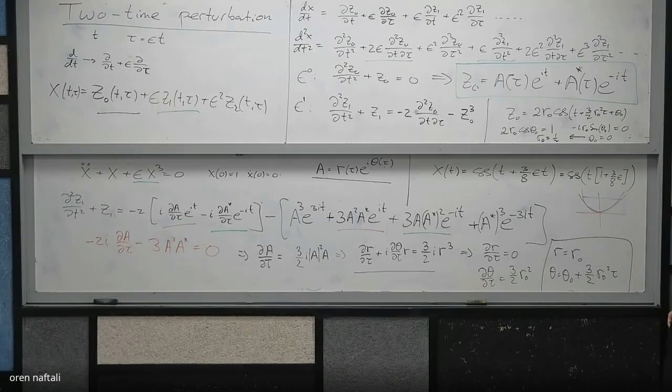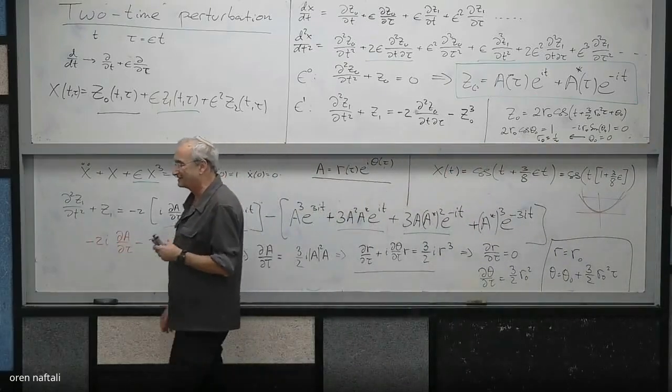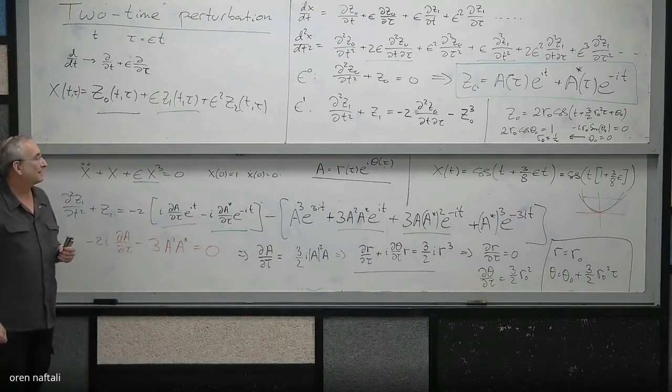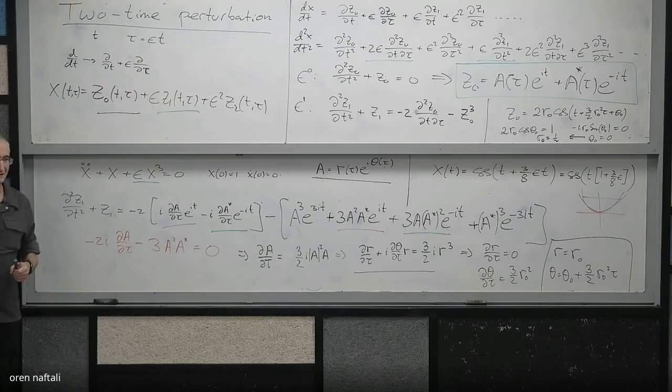But let's stick to the mathematical trickery, not the physics. The zeroth order is trivial. Then from the first order, you use only the condition that you don't have resonances in order to determine A, and that's the end of the story.